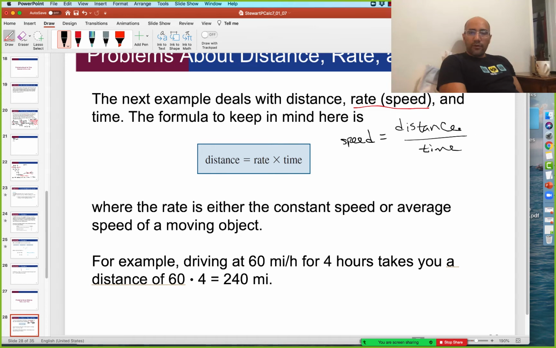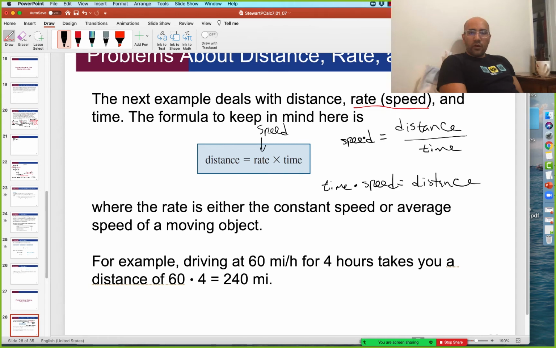If we multiply both sides of this equation by time, then the times cancel on the right-hand side, and you're left with speed times time. Right, if we multiply both sides by time, we end up with time times speed equals distance, which is this. Distance equals the rate times the time. The rate is the speed.